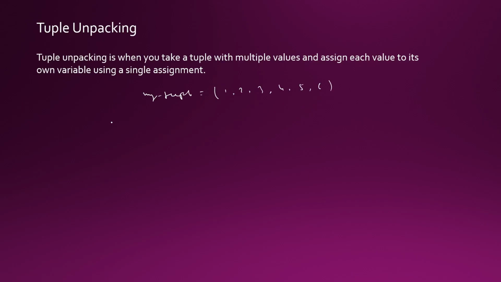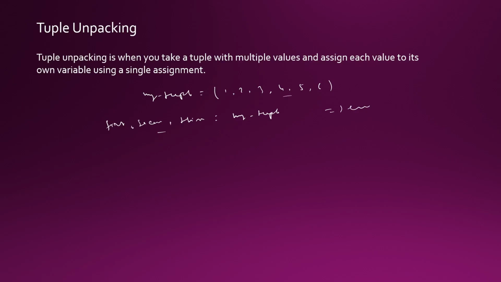Now if I pass a first variable, second variable and third variable, and pass my tuple, then normally this single statement will throw an error, right? Because I have mentioned 3 variables, but in my tuple there are 6 elements. So it will show an error.